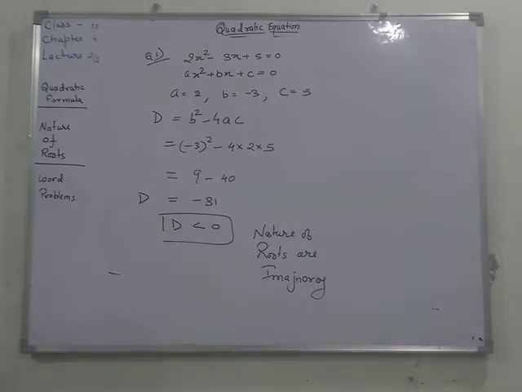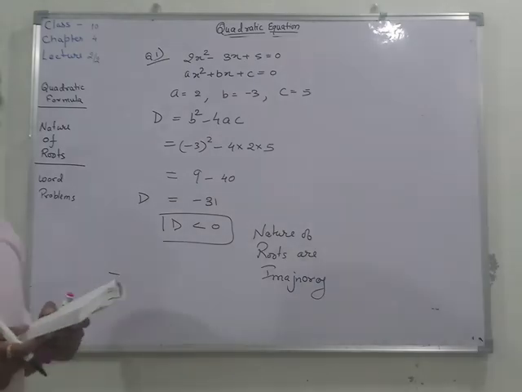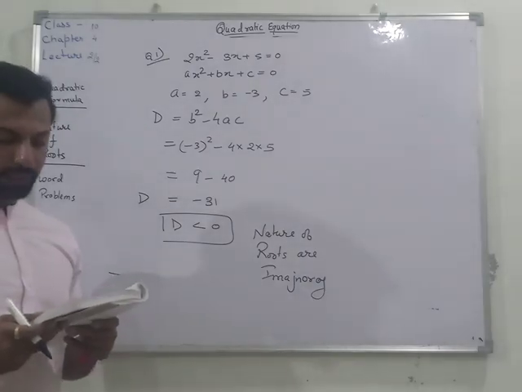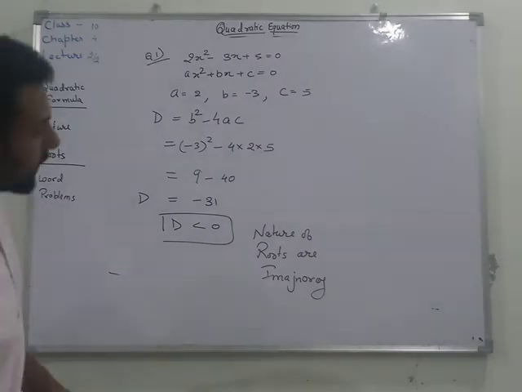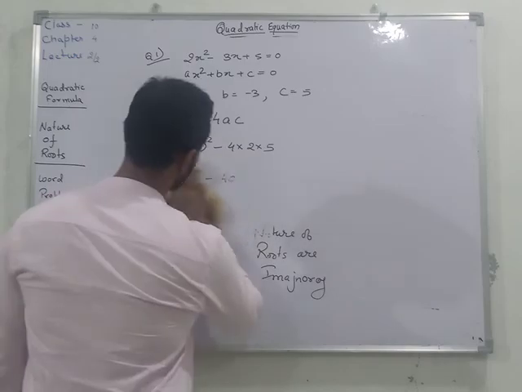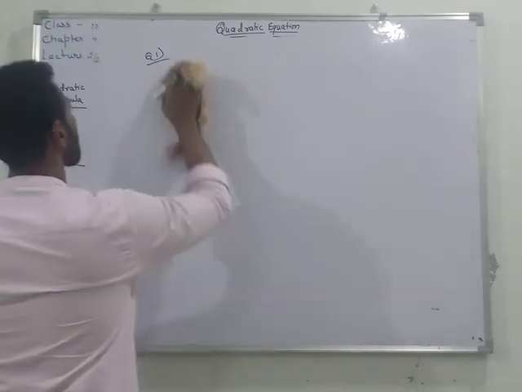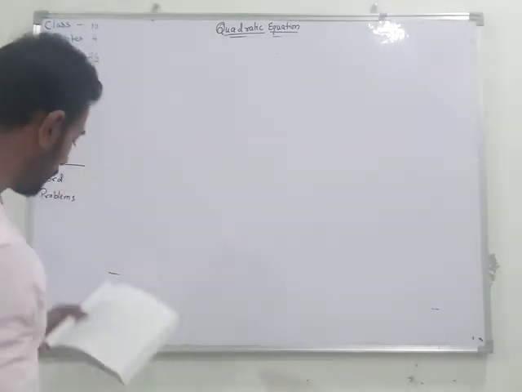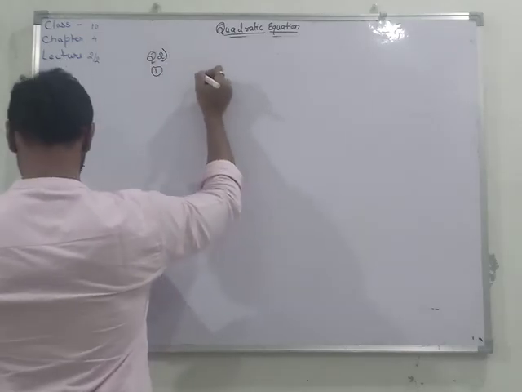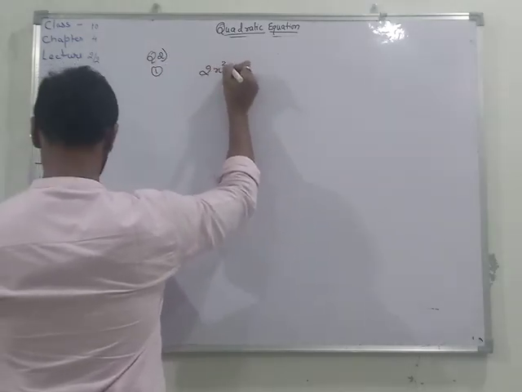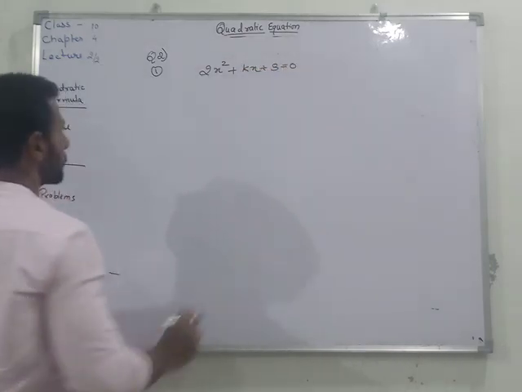Let us move to the next question. Find the value of k for each of the following quadratic equations so that they have two equal roots. This is question number 2. First part, 2x² + kx + 3 = 0.